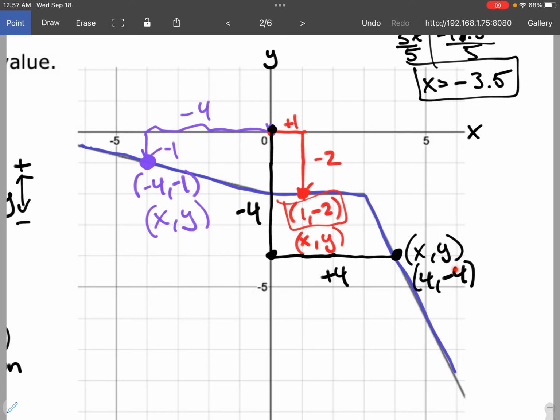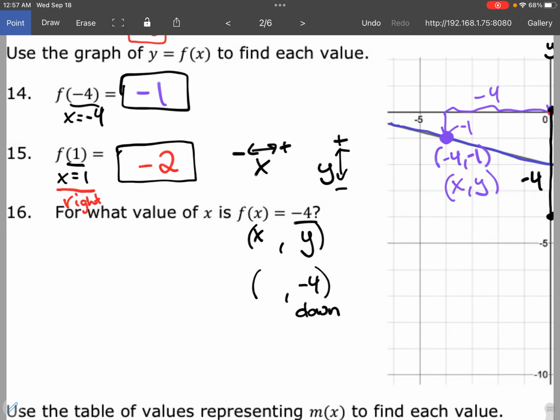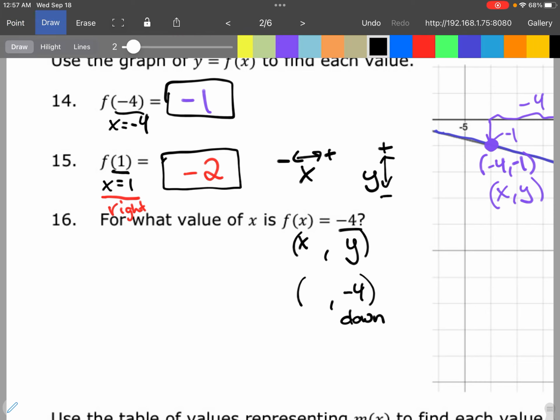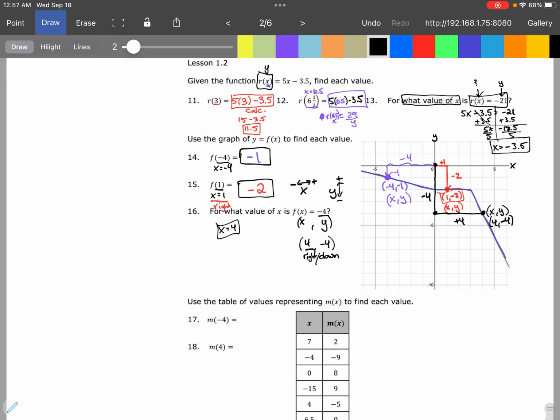And it's just a location, okay? That's all it is. We had to move to the right for that one. So x is equal to 4. We did it.